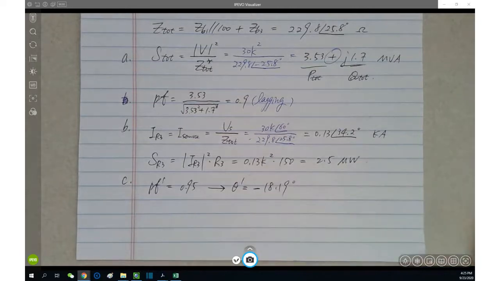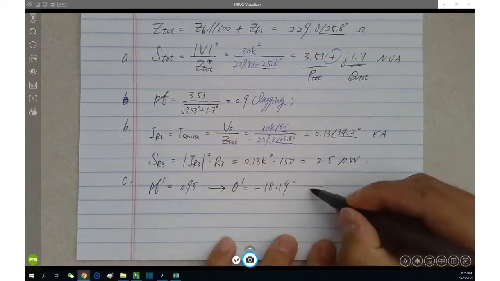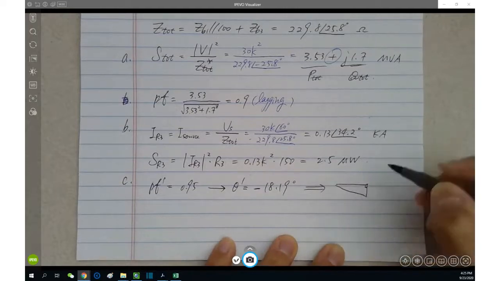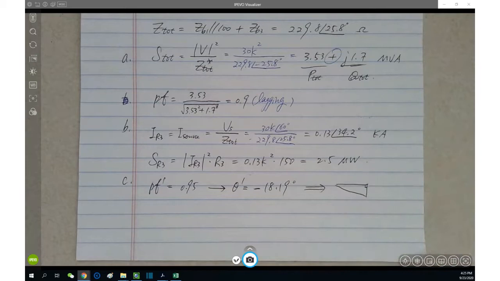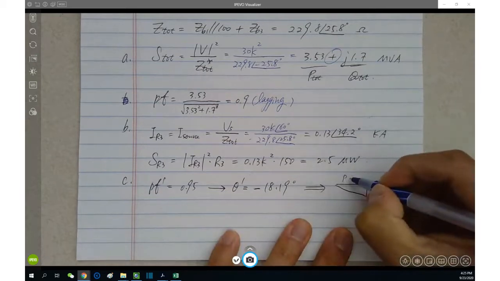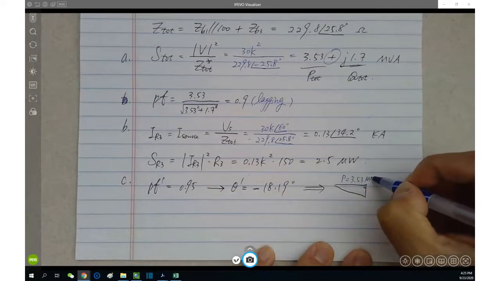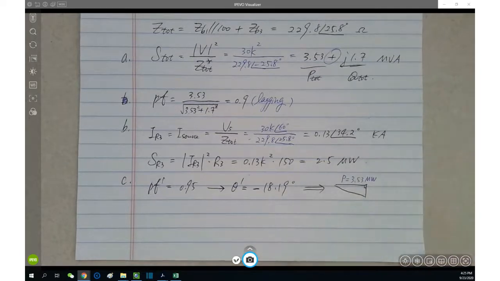We want to build a power triangle like this with exactly the same active power, which is 3.53 megawatts. Active power you can't do anything about because you're adding a capacitor only.